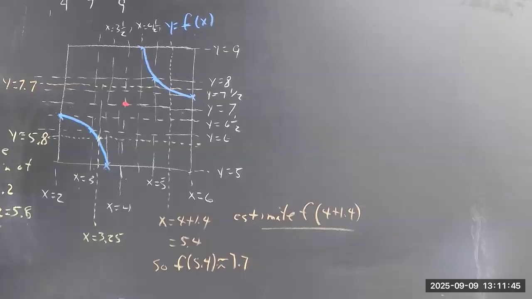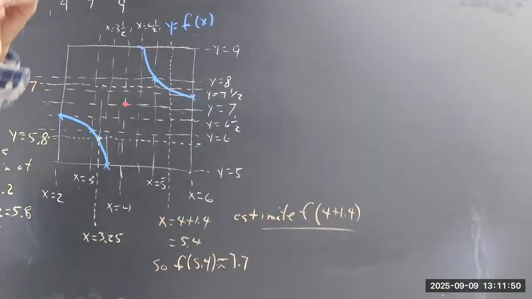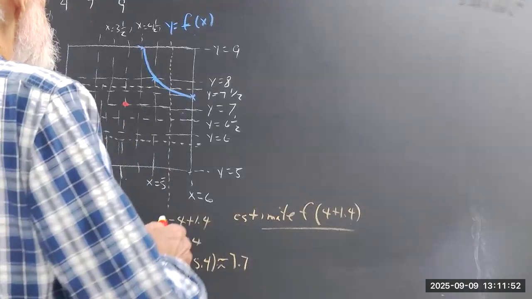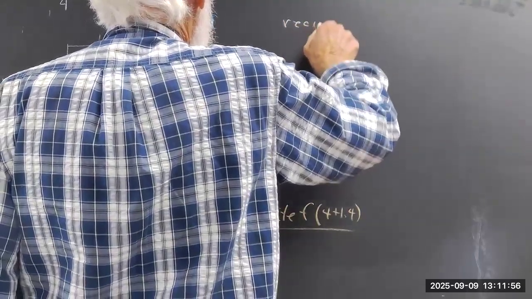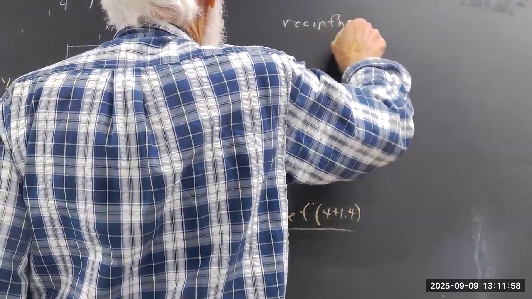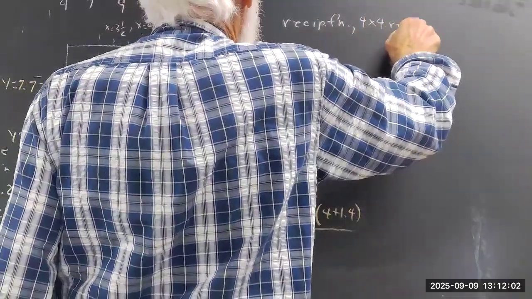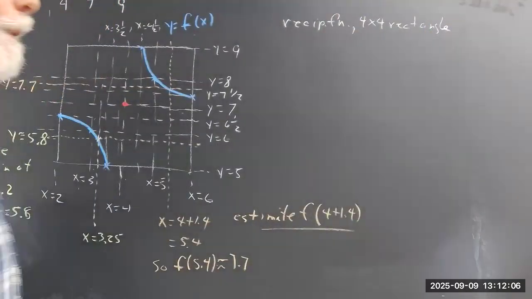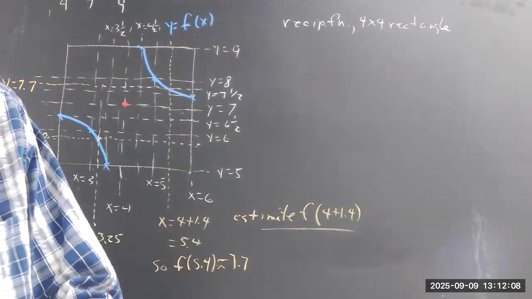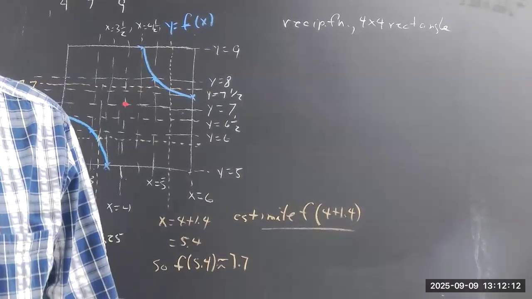Now, the other thing I was going to do is, and I'm going to introduce this now. Now, the toolkit reciprocal function I've defined for this class is in a 4x4 rectangle with the red dot at the origin, right?